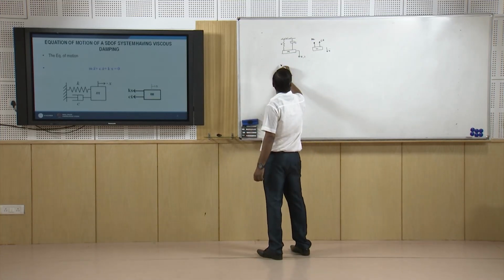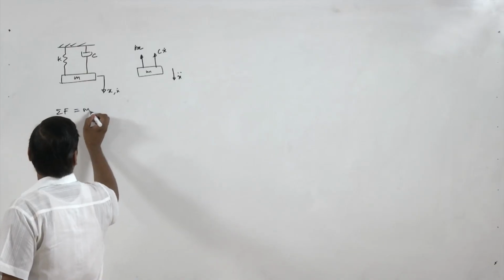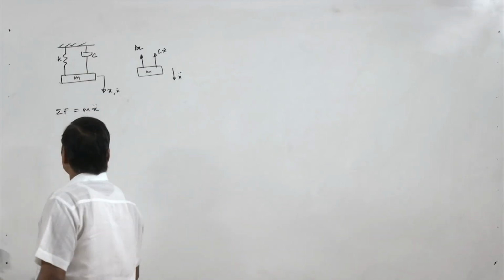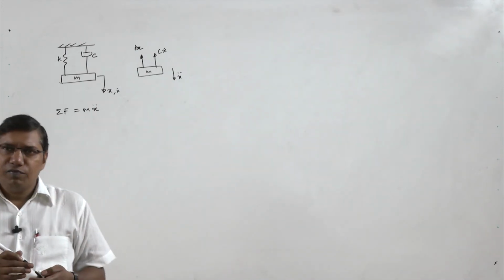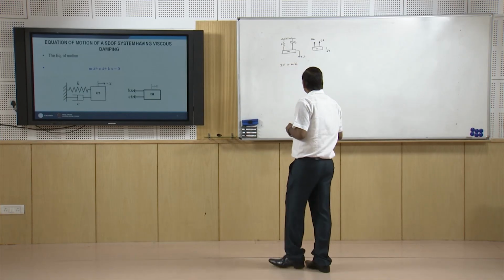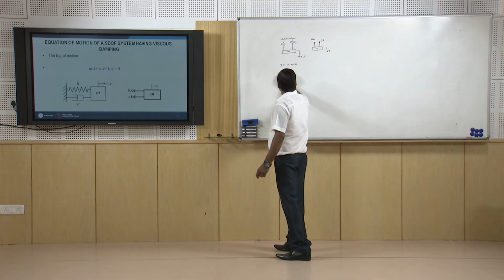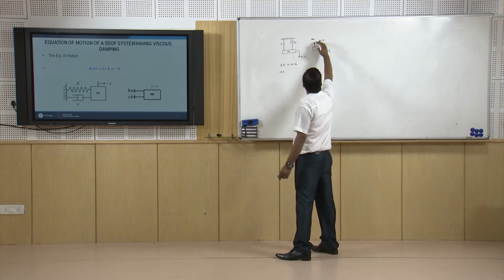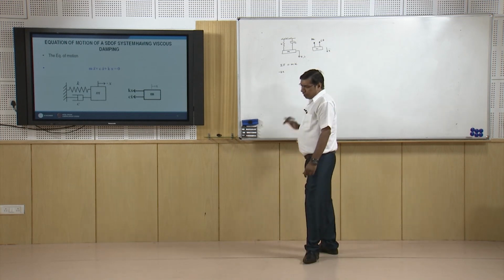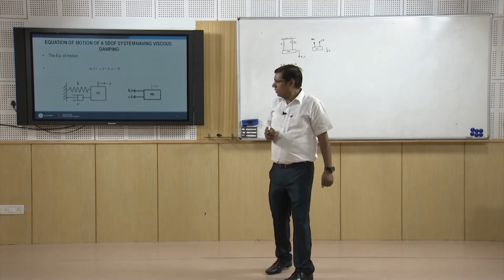Here we have sigma f equal to mx double dot. In sigma f, we have two forces, spring force and damping force. Here it is minus kx, because their direction is opposite to the direction of x double dot, that is why we are giving negative.